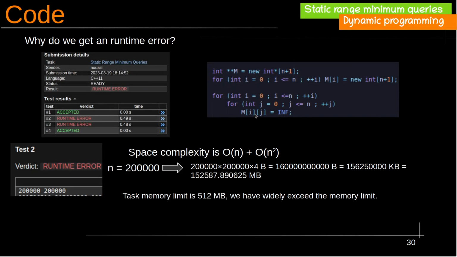We are still in the section static range minimum queries, and in the previous part of the section we solved the problem using a dynamic programming approach. As a result, we get a runtime error because we exceeded the memory limit of the task.